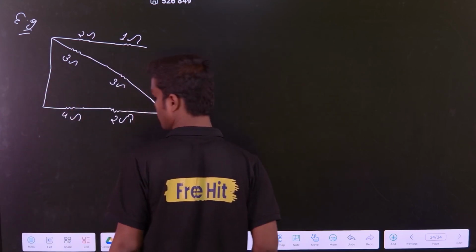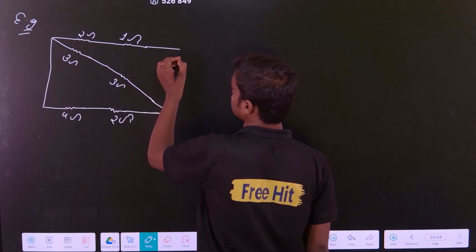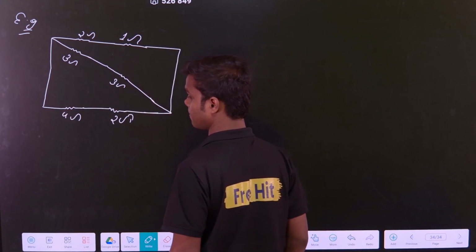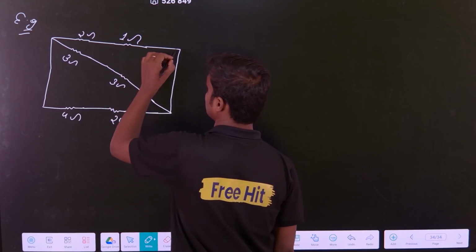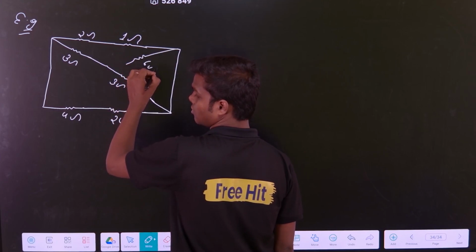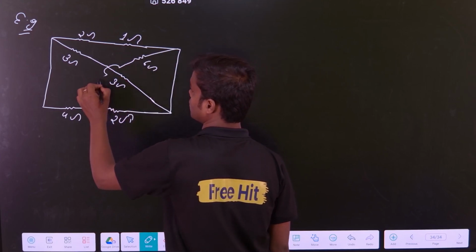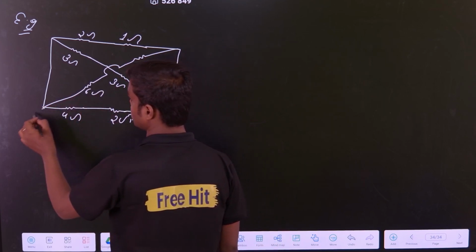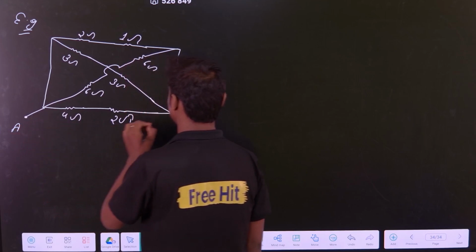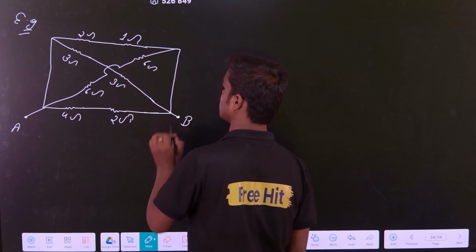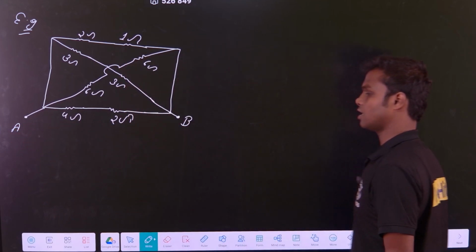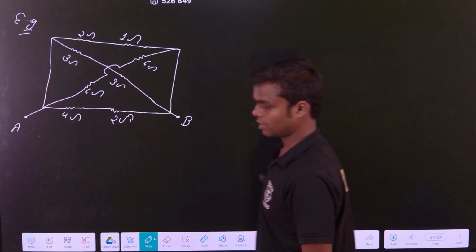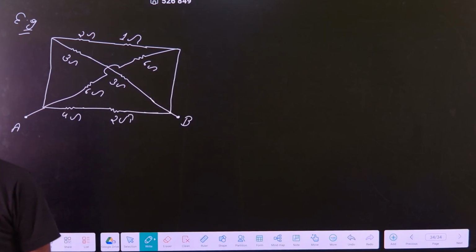Then this is 6 ohm. This is 6 ohm. So this is my point A. This is my point B. You have to find the R equivalent. So let us think about it and try to find the R equivalent across these 2 points.